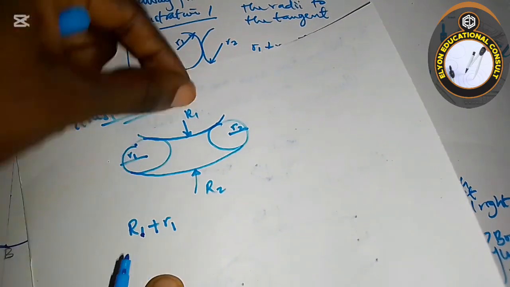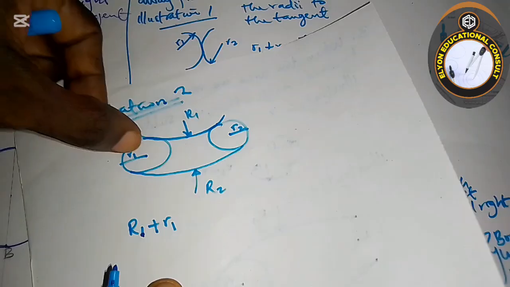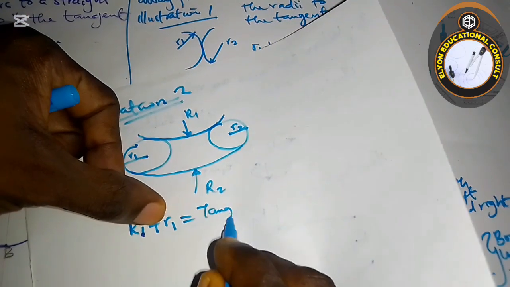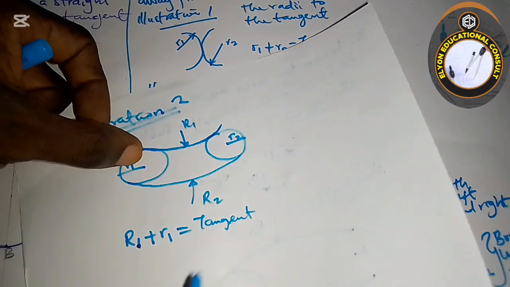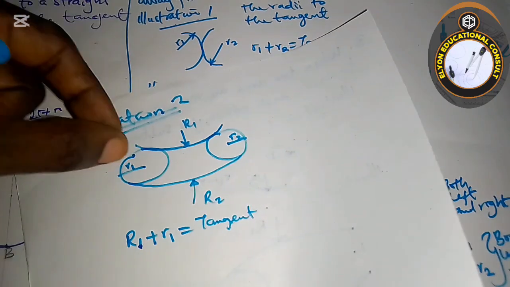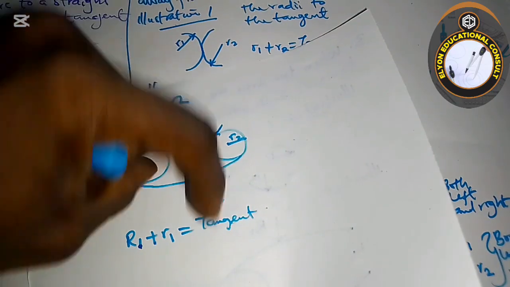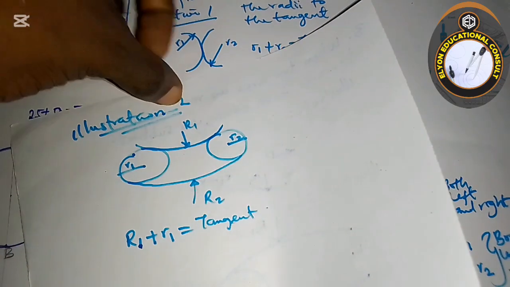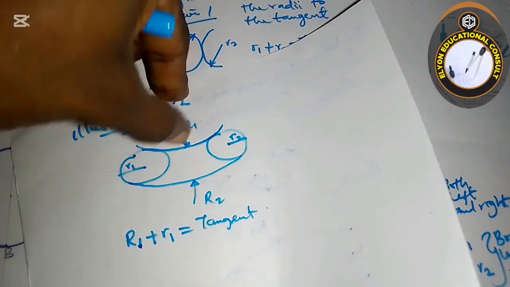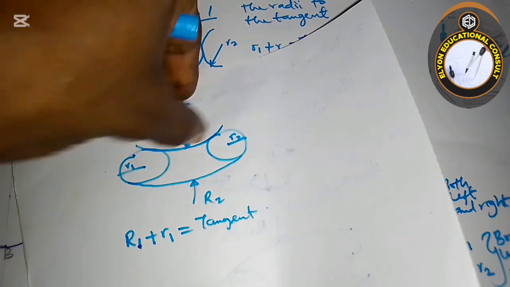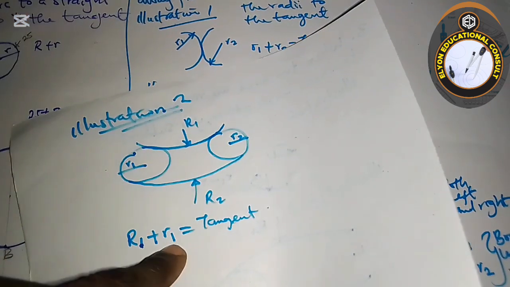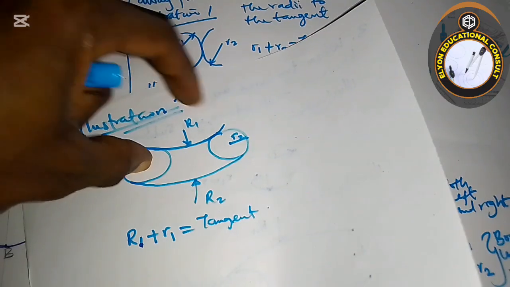The value we are giving for this radius and the radius of this circle, we add it together, which will give us the tangent for this R1. So where are you going to draw the arc? Is it up or below? You can see the direction of this arc, so that tells us that we are going to draw it at the top, because this is the way the direction of the arc will go. So whatever I get by adding R1 plus R2, needle at this point, draw that at the top here.